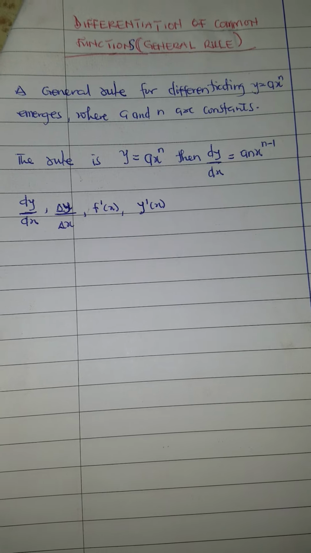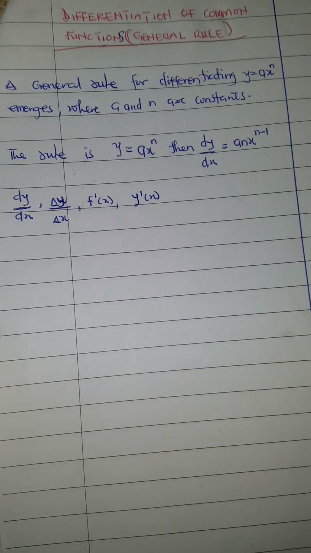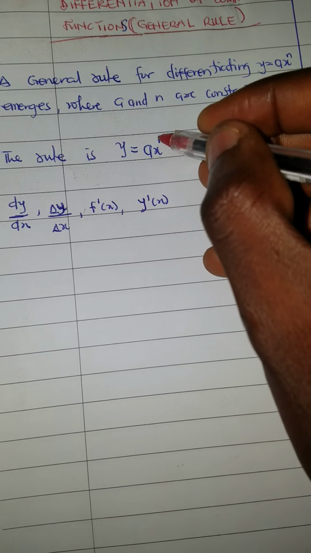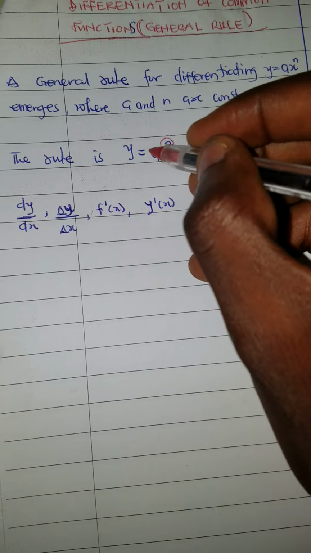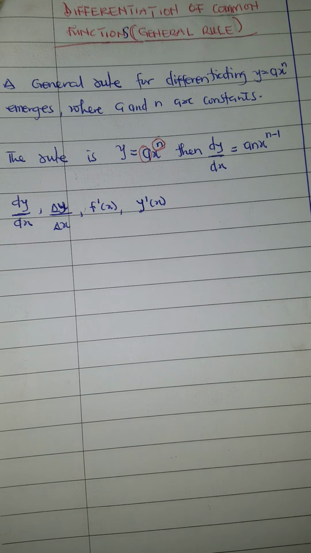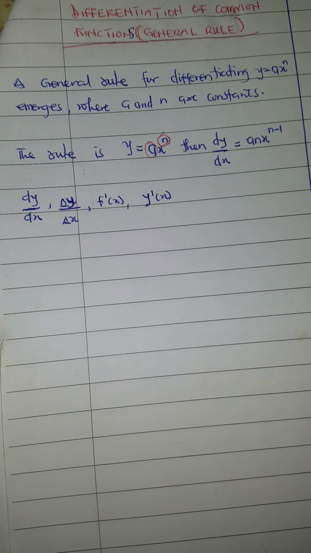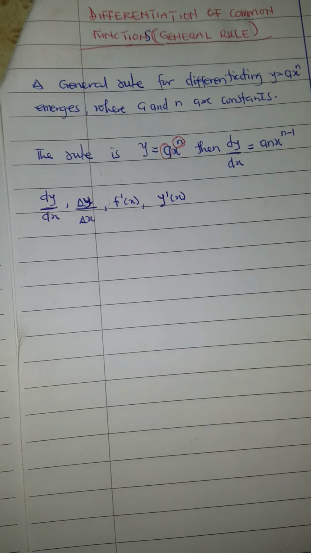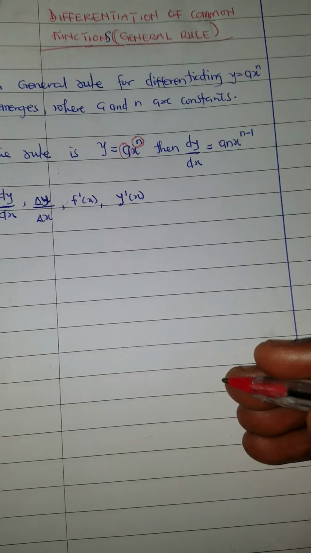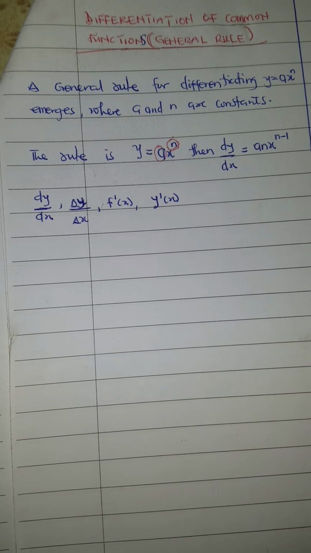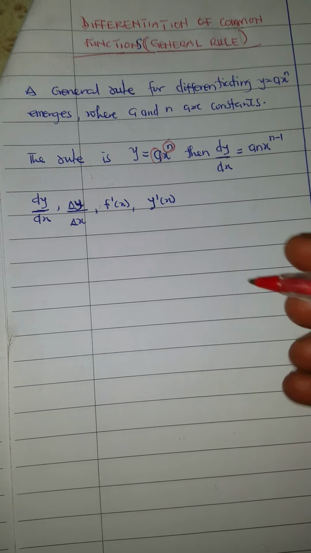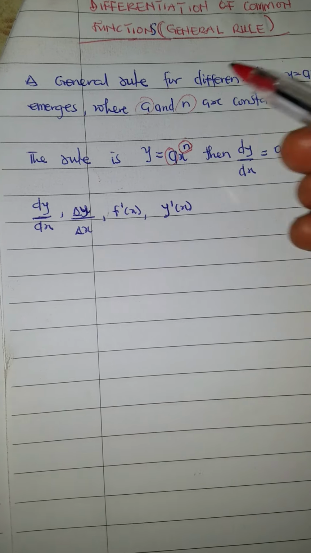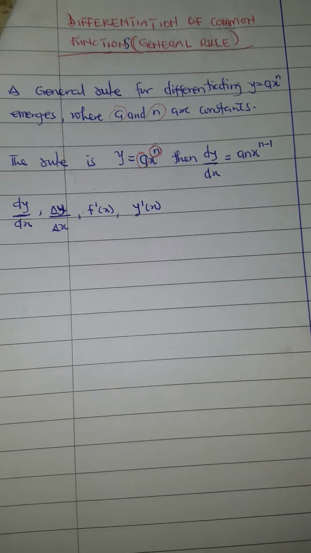It means that we can only use the general rule and be comfortable when these values a and n are constants in a function given. It means that they should be numbers. If they are not numbers, then you will use it, but you wouldn't be so comfortable. So to be comfortable with it, a and n should be constants. Then you'll be comfortable.